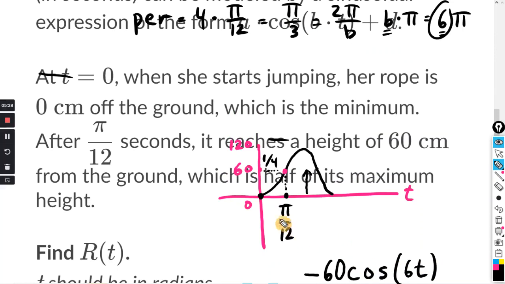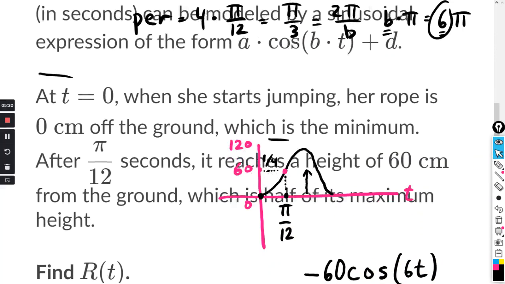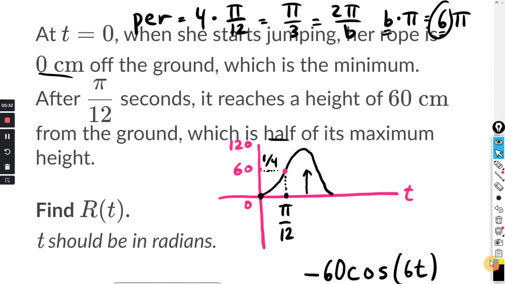And now the easy part is the midline. That is easy because we have the center of the graph. We said half of the maximum was 60. If you go right down the middle of this graph, the midline, that's at 60. So we have a plus 60 on the end.